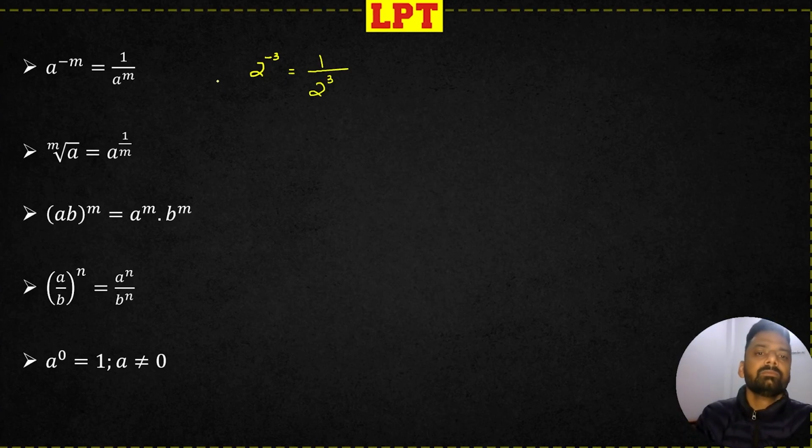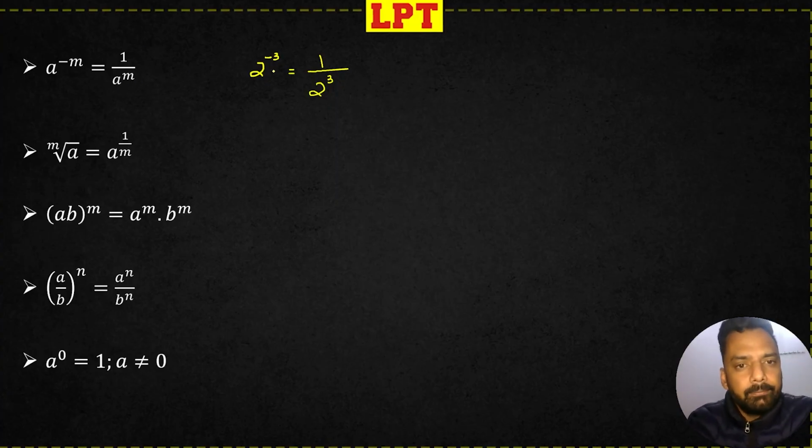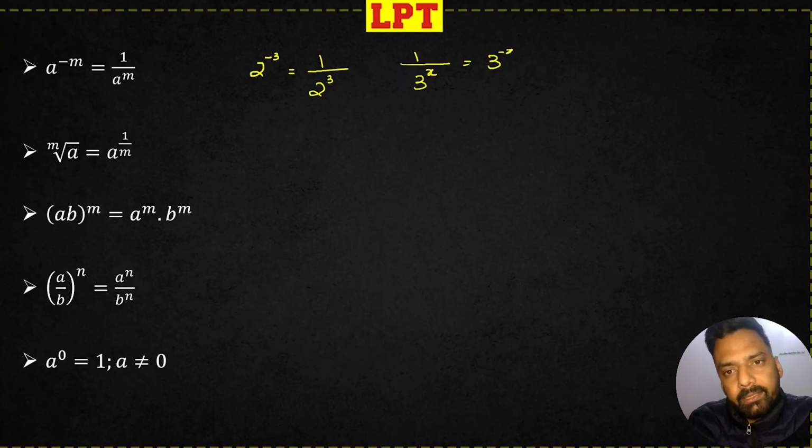If a number has a negative power, it simply means 1 by a to the power m. Or if I have 1 by 3 to the power x, I can simply write it as 3 to the power minus x for the purpose of simplification. We will do questions on this.